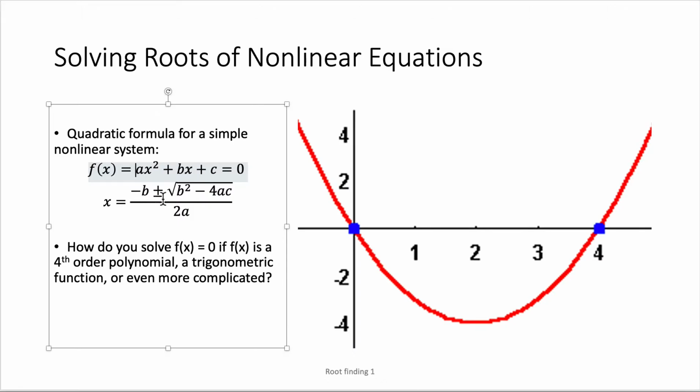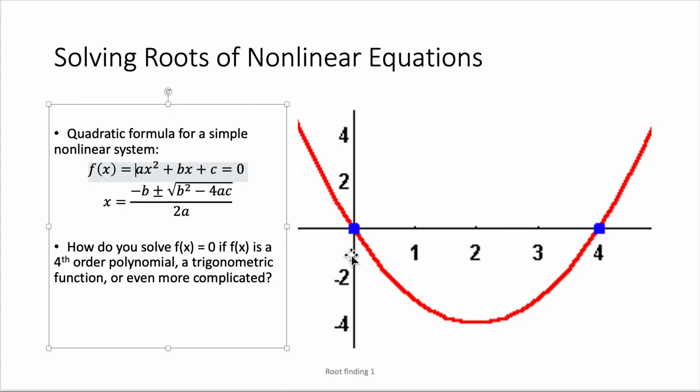Minus b plus or minus the square root of b squared minus 4ac, over 2a, right? This is a famous formula that gives you the roots of this equation, which again are the coordinates on the x-axis, the independent variable, at which this function crosses 0, right?